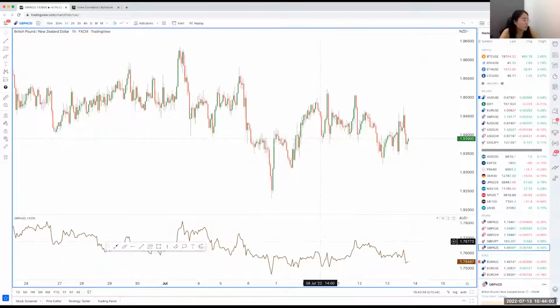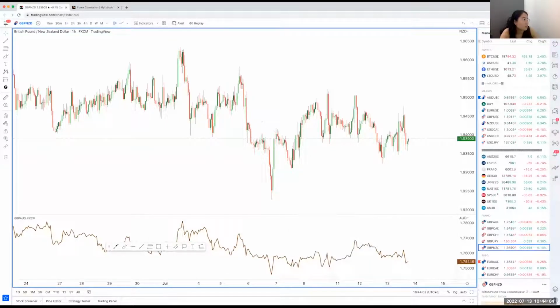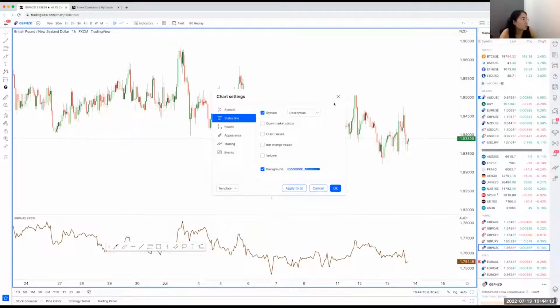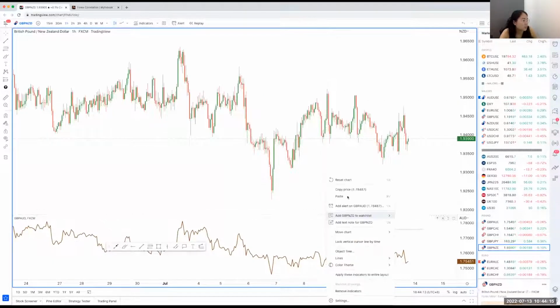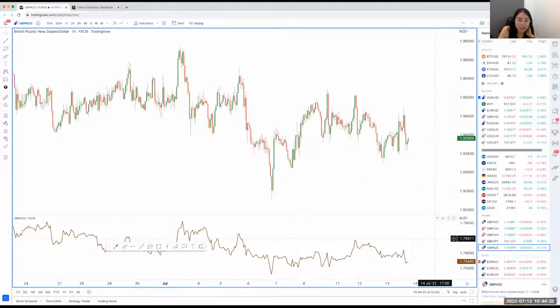Then go into settings and change this to a candlestick chart. These settings are tricky, it doesn't matter. You can see the price action going on here.